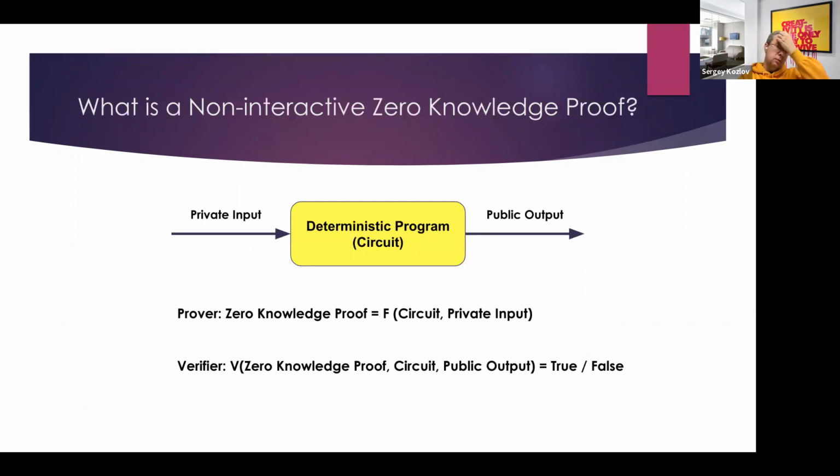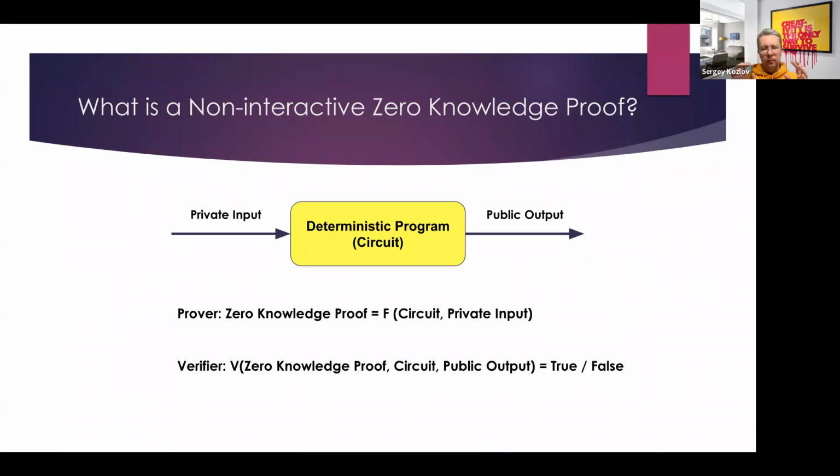How it works in terms of, let's say, programming. If we dive into the details, we see that we have some private input, which we want to hide. No one should know it. We do not want to reveal this data. We have some public output. Public output is information that is open for everyone. Everyone can see it, use it, and do with it whatever he or she wants.